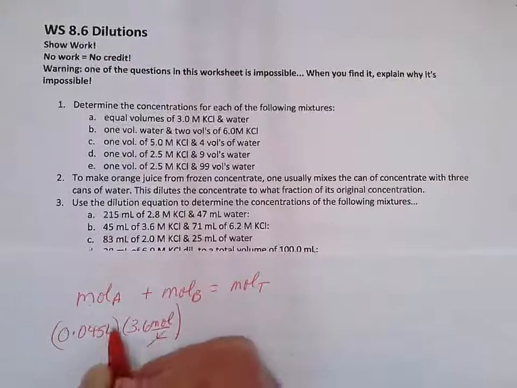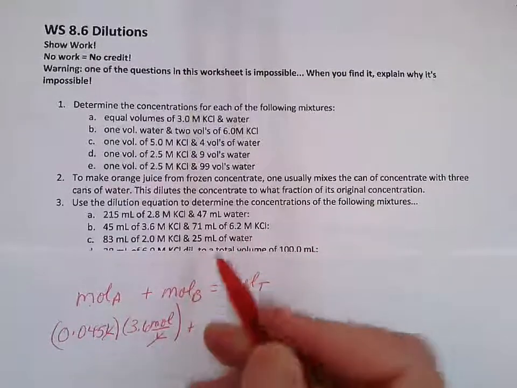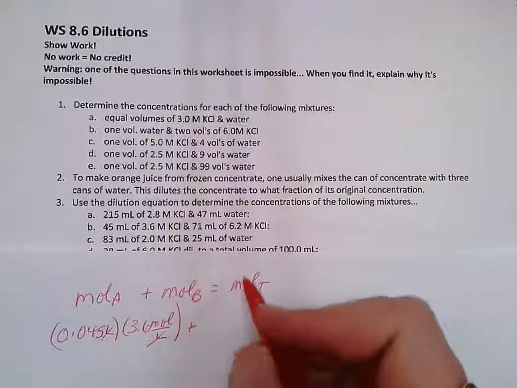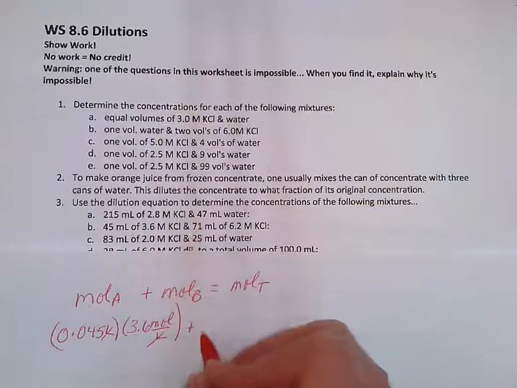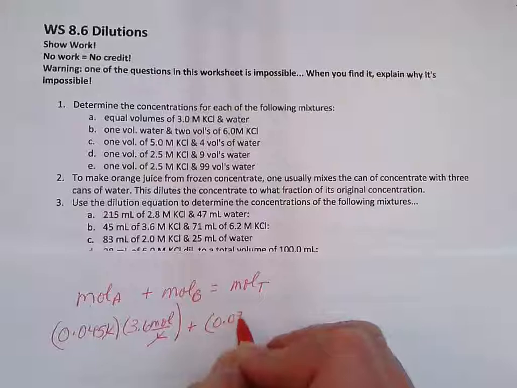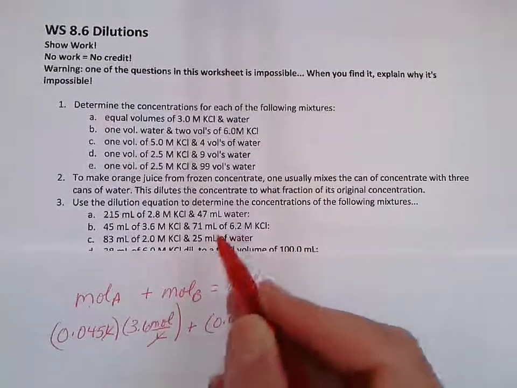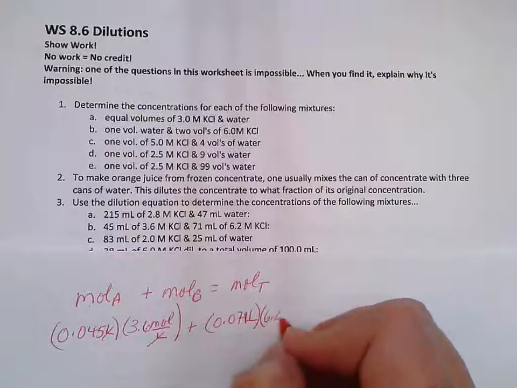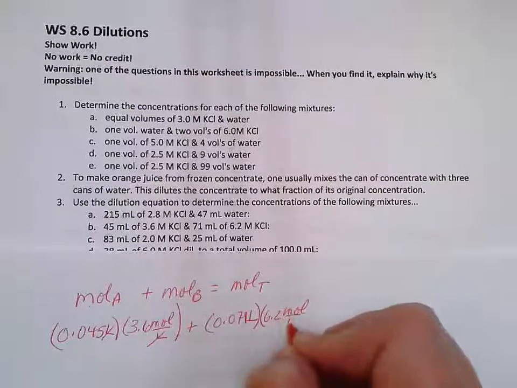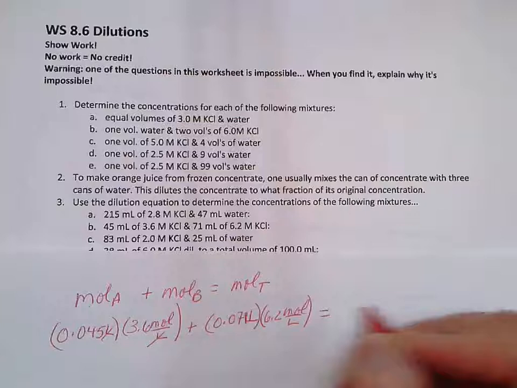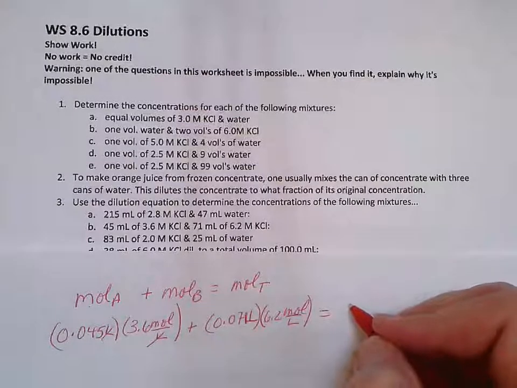And so that will make liters cancel out. Plus, I'm going to do the same thing with my second solution, which is 71 milliliters, 0.071 liters, times 6.2 moles per liter. And that'll give me my total moles.